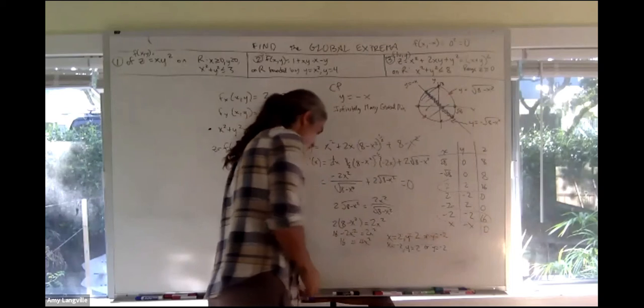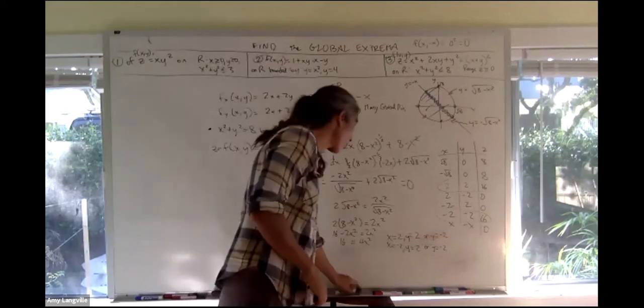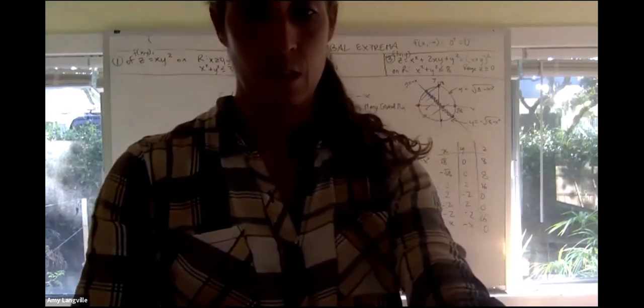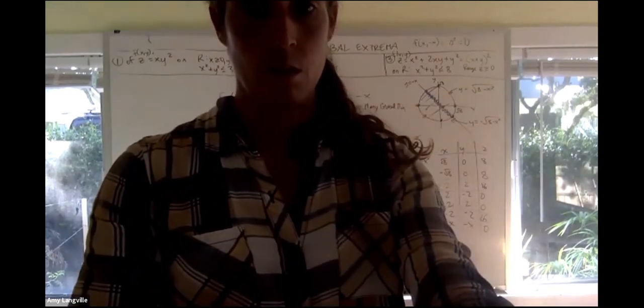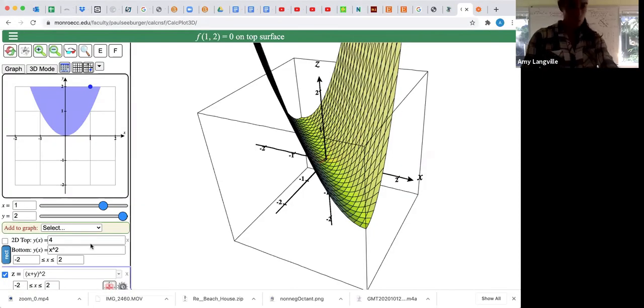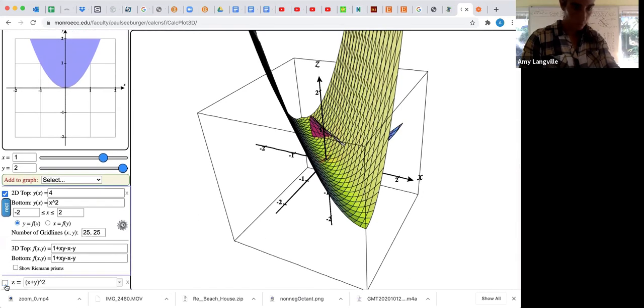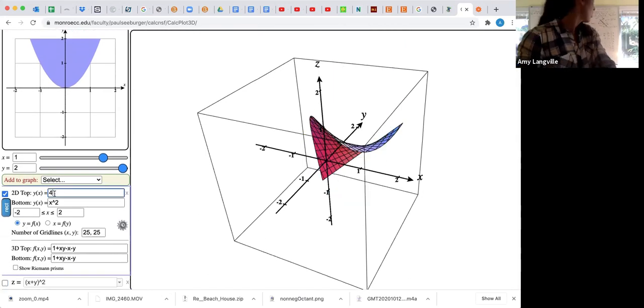All right, so let's check that visually. There was our surface, but not restricted to our region. So let's do a region. Turn this surface off. Our region, y goes from the square root of 8 minus x squared to the negative of that.